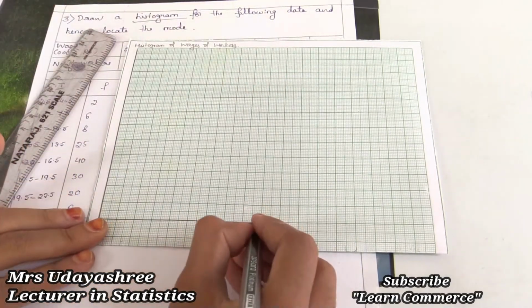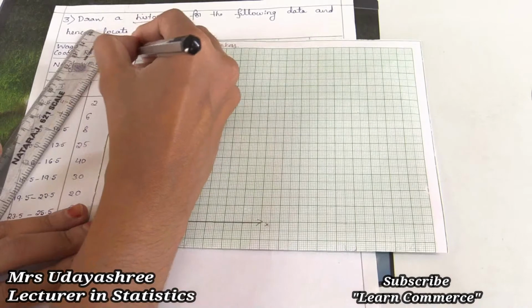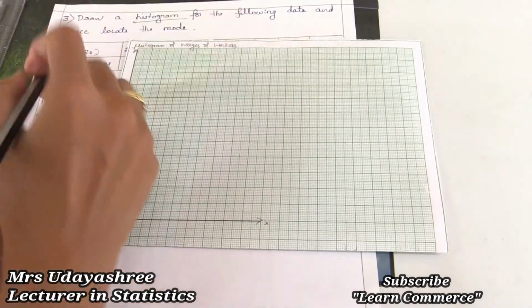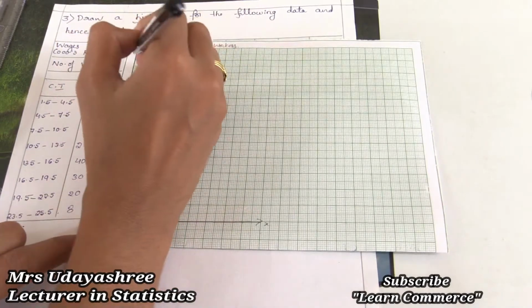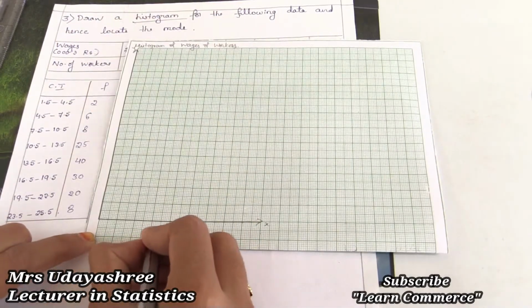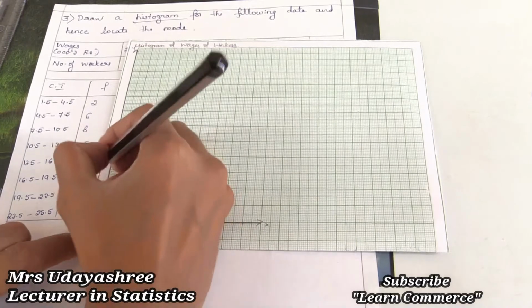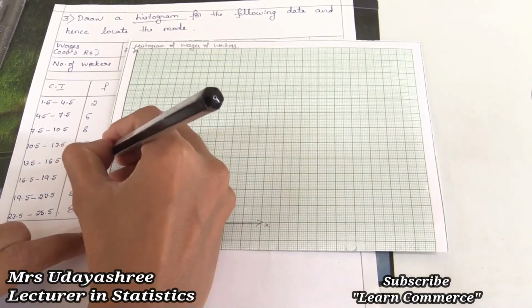This is the x-axis and this is the y-axis. Wages are taken along the x-axis and the number of workers along the y-axis. Therefore, here I will write wages and here I will write number of workers.